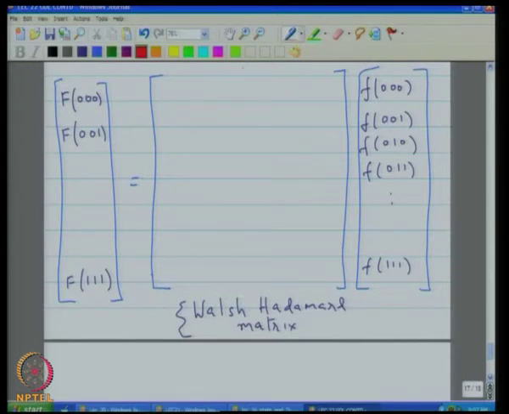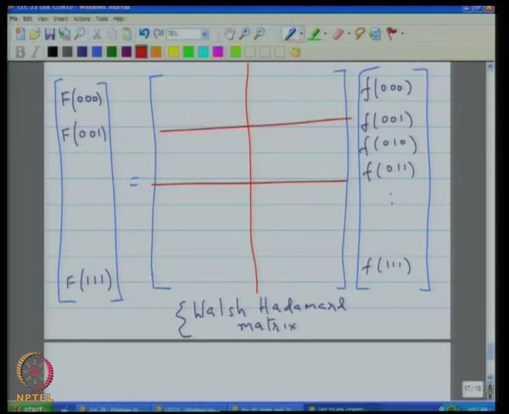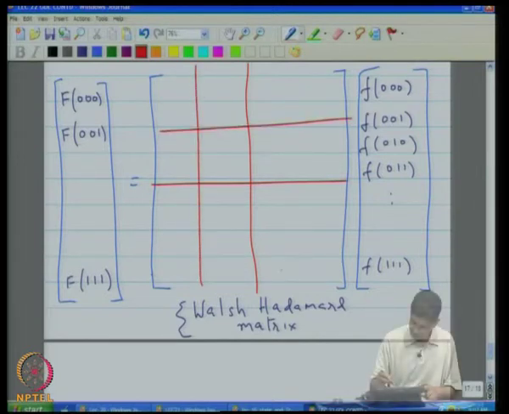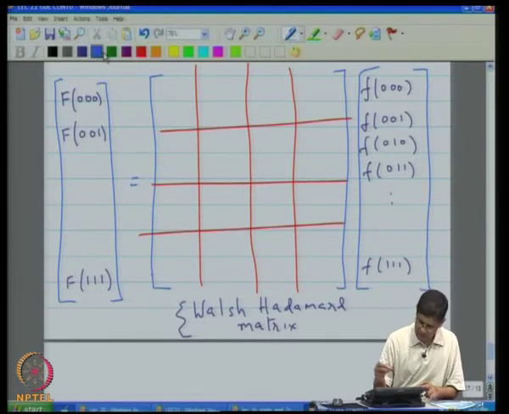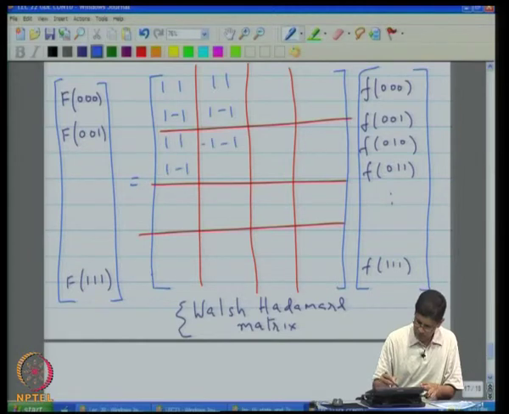So, I am going to draw some dividing lines which makes it easier. Okay. So, it turns out that the entries are 1 1 1 minus 1, 1 1 1 minus 1, 1 1 minus 1, minus 1 minus 1 minus 1 1, and so on.